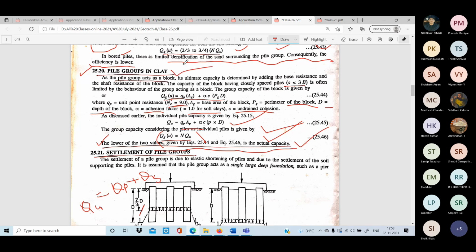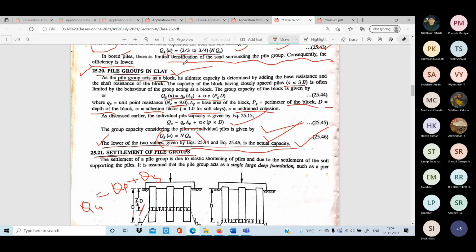Hope you are following. Individually we are finding QU at the tip: QP, the effective stress, AP, which is the tip area of a single pile, pi d square by 4 if circular.